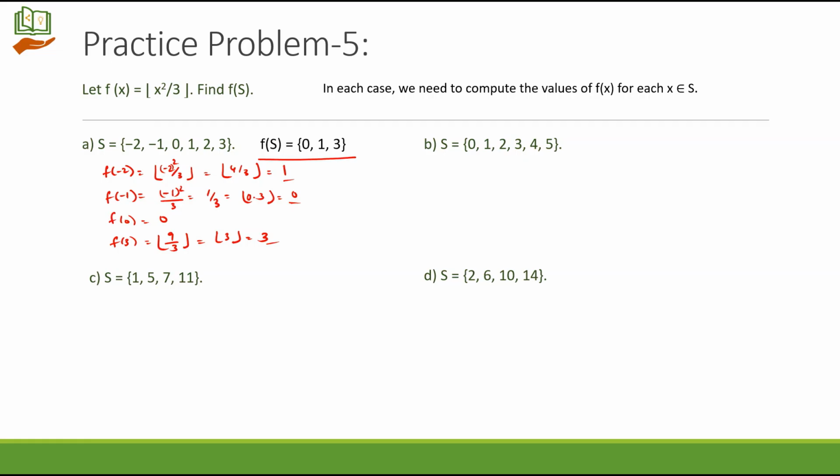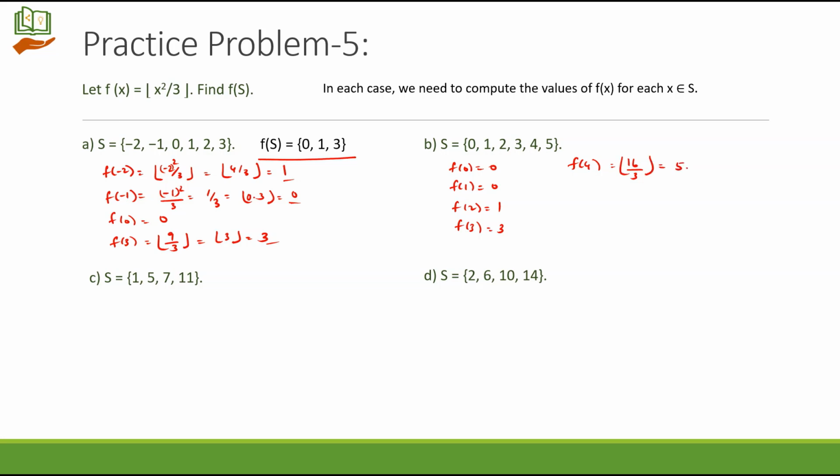Now the B problem, we have to compute for 0, 1, 2, 3, 4, 5. So we know f of 0 is 0. We know f of 1 is equal to 0. Then f of 2 will be 1. F of 3 will be 3. What about f of 4? We have 4 square, that is 16 divided by 3. This will be 3 5s are 15.